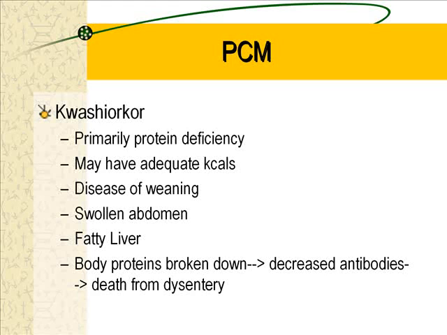Many times it's a downward spiral where the immune system is compromised because of the PCM, and then they're maybe exposed to water supplies that are less than adequate as far as being free of bacteria. So they drink the water with the higher bacteria load and end up with something called dysentery. Many times that's what will cause the death from PCM, is that they'll get an infection that they're just unable to fight.